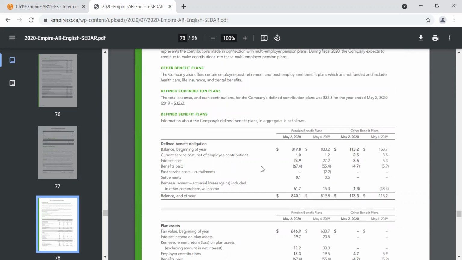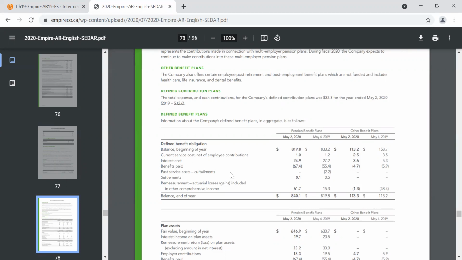Okay, so this is about the defined benefit obligation. They have comparative 2 years, but they also separate pension benefit plans and other benefit plans. So the continuity table starts with the beginning balance, the current service cost, the interest cost, benefit paid. There's a past service cost in 19, but not 20.